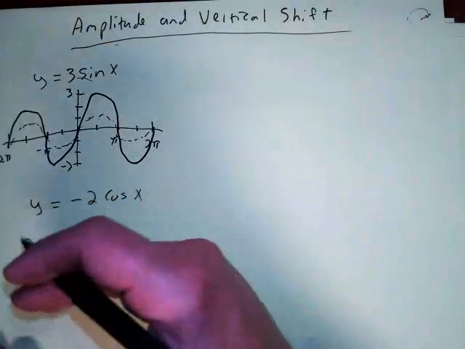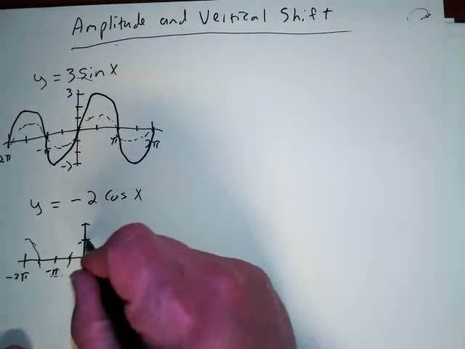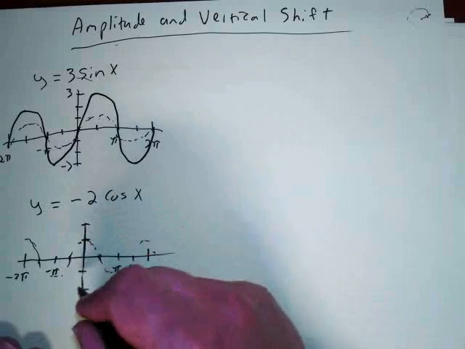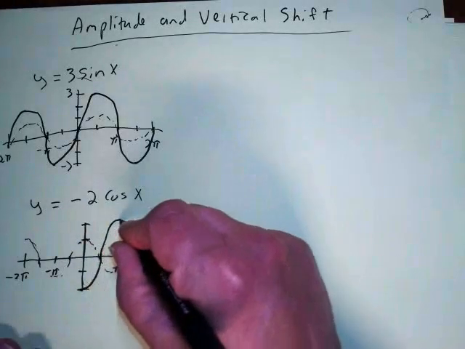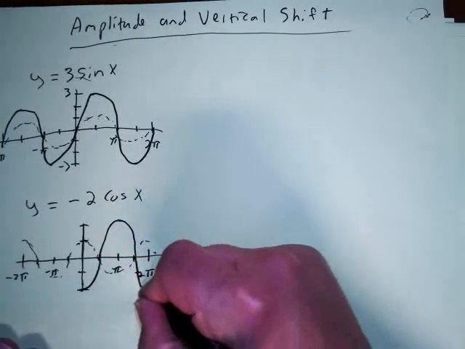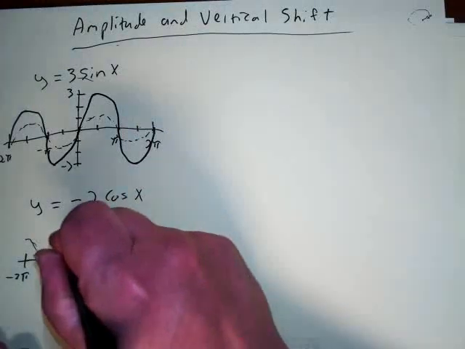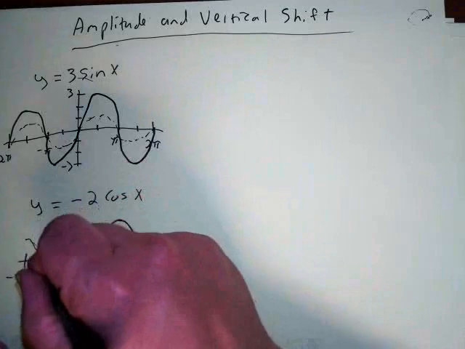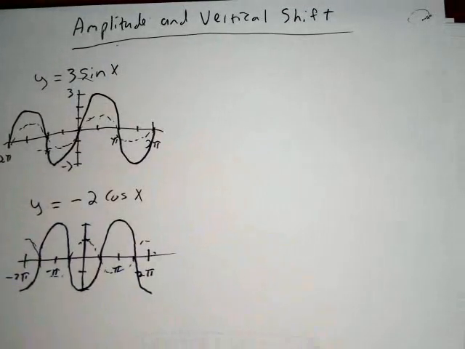And so this is going to stretch it out too, but it's also like when this is here 1, a negative would bring it down and make that value the opposite, right? So this thing is going to start at negative 2 and go up like this. It'll look like that, okay?